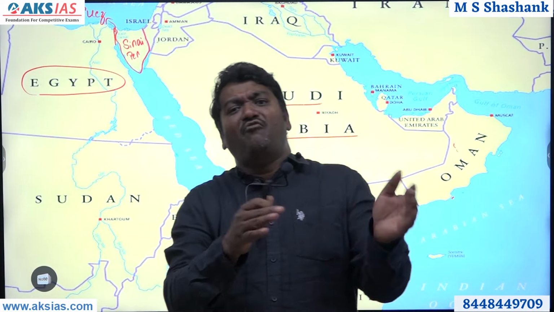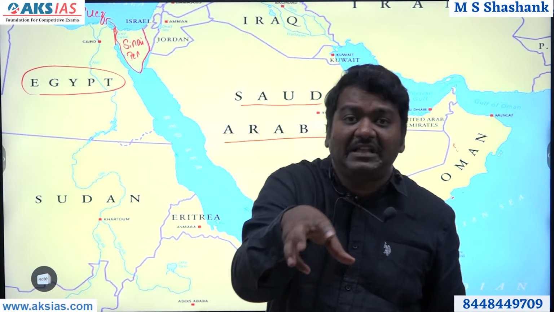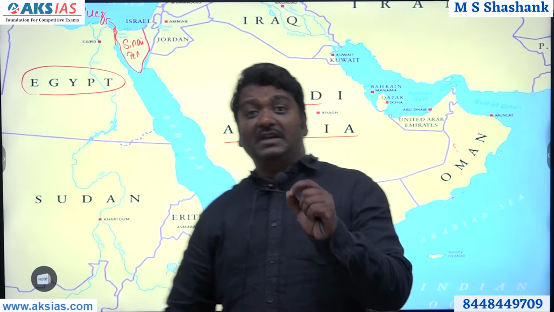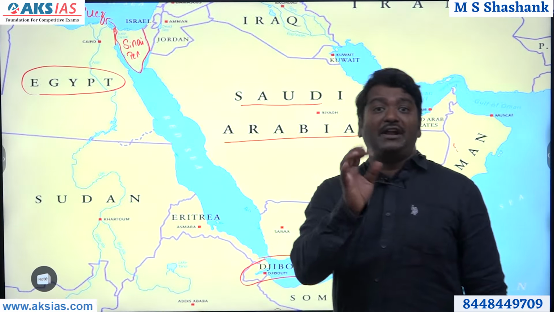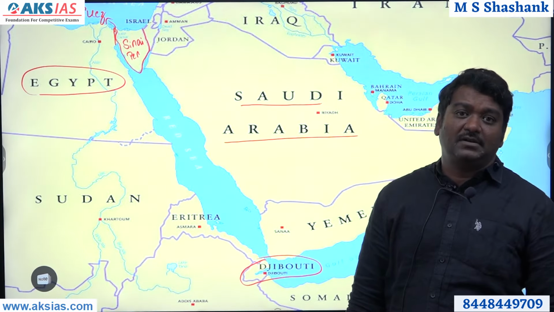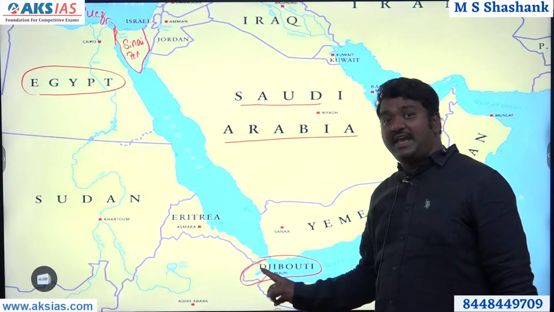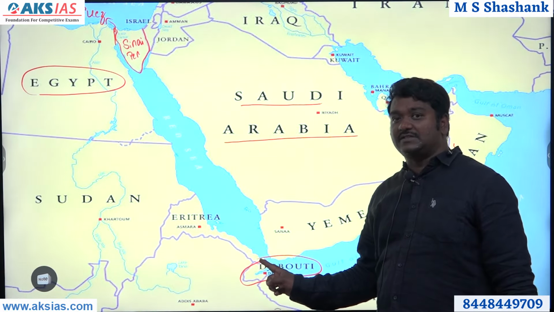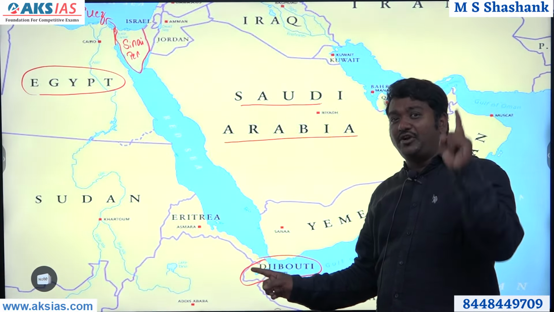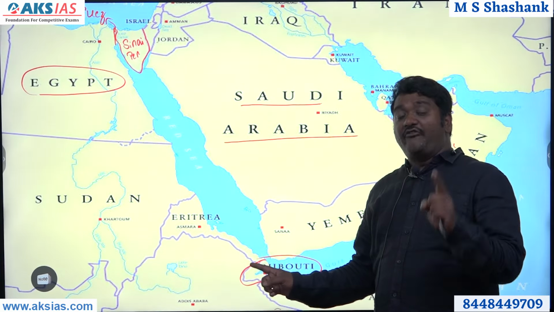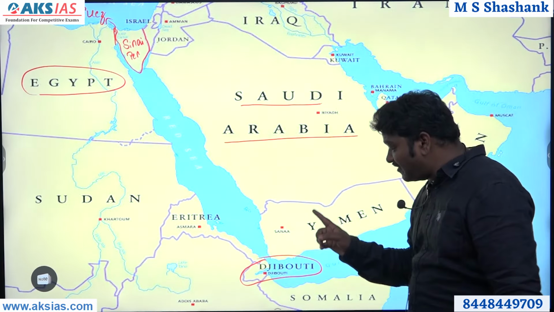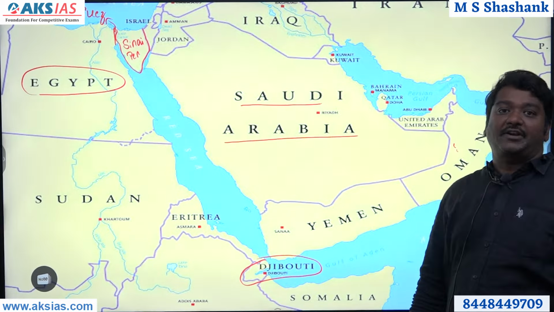Here and there, now and then, they used to come and keep one particular ship once or twice. But this will be their permanent naval base. And if China makes this a permanent naval base, it is a security threat not only for Europeans, even for India it will be a security threat.